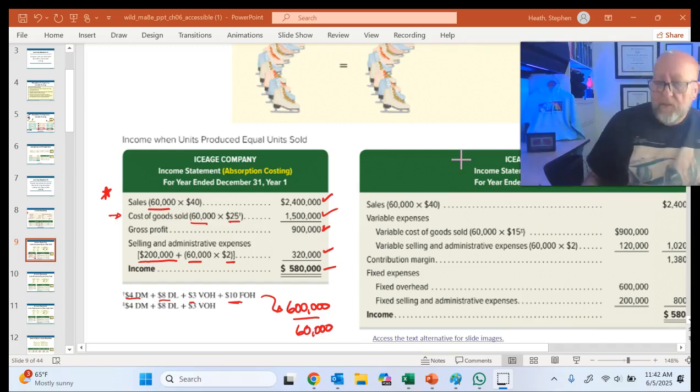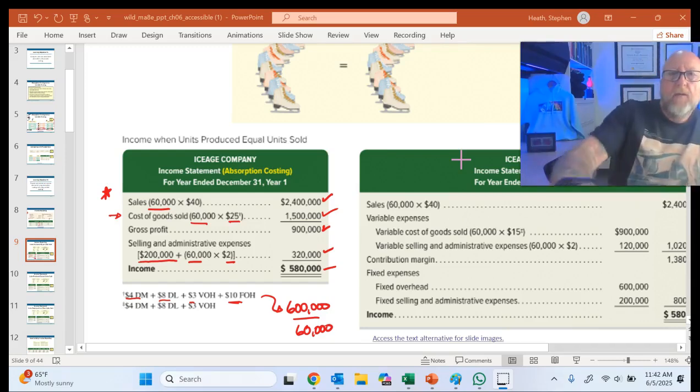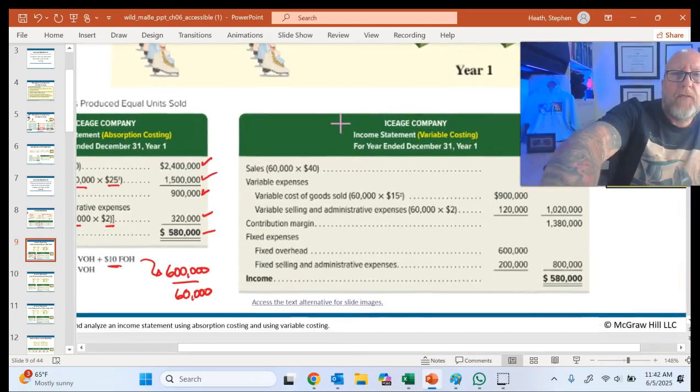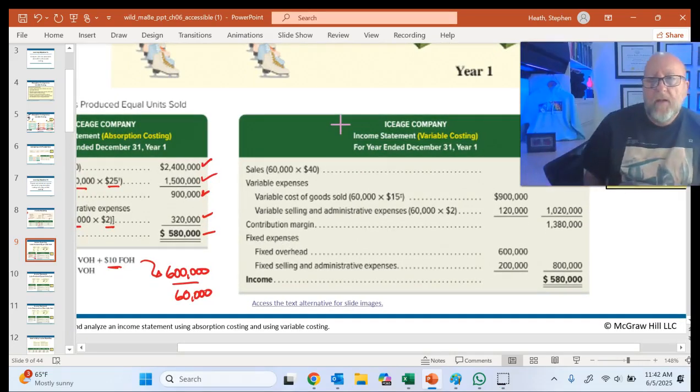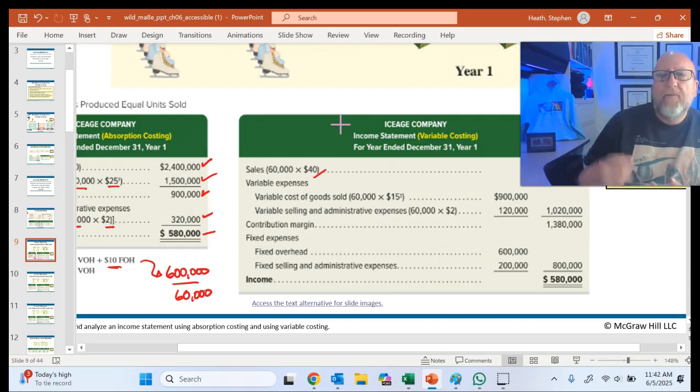All right, same set of facts. However, we are now going to go over variable costing. Okay. So we're going to sell 60,000 units at $40 per unit. We got 2,400,000. Under variable costing, we are going to include all variable costs.